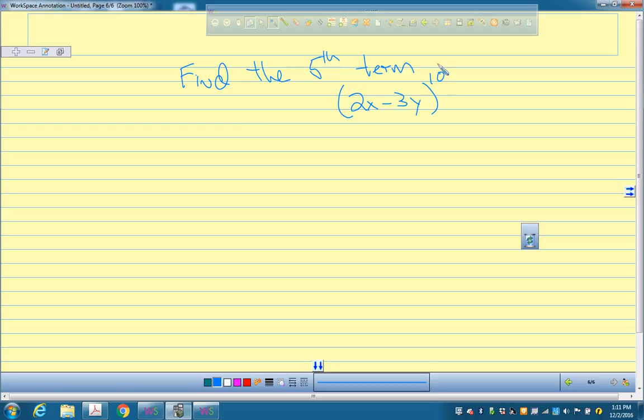Could you do that? What's going to go down here? 10. What's going to go down here? 4. Very good. It's going to be 4 because you start with 0 and you go up, right? So the fifth term is going to have a 4 down here.